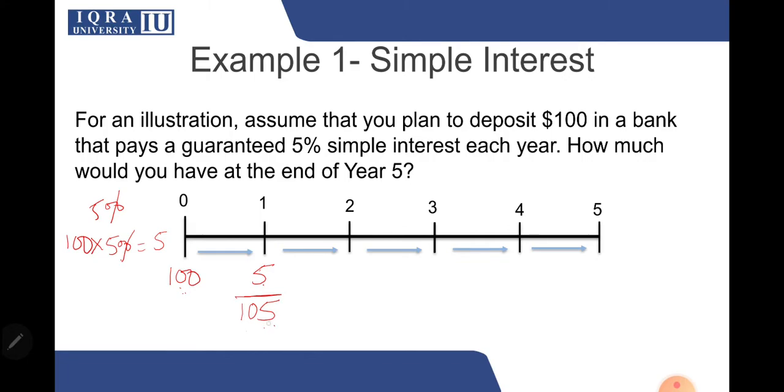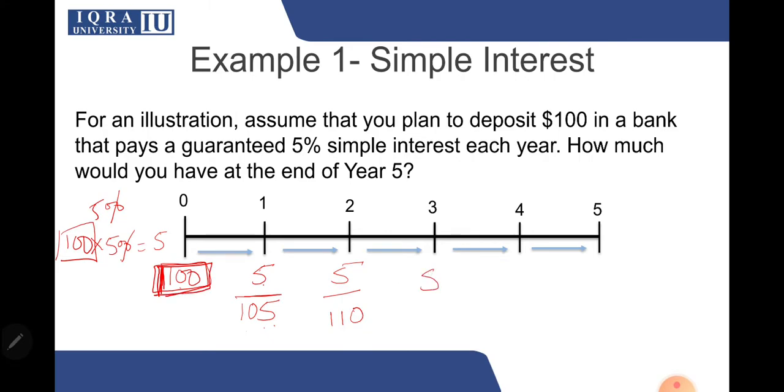But instead of getting interest on this 105, you will get it only on the principal amount, even in the next year. So even in the next year you will get interest on the 100 amount only, which is 5. Your account balance will be now 110, but again you will get interest only on the original 100.